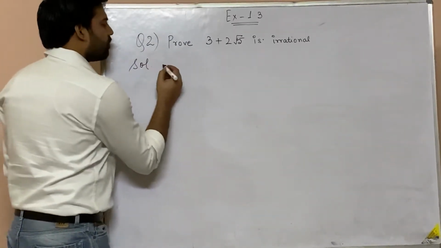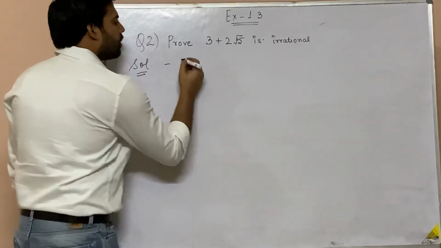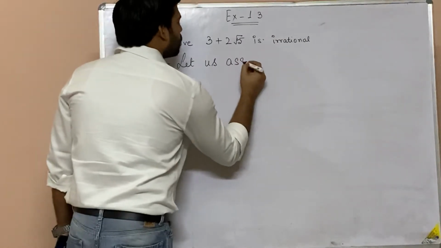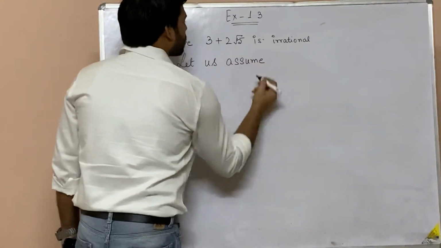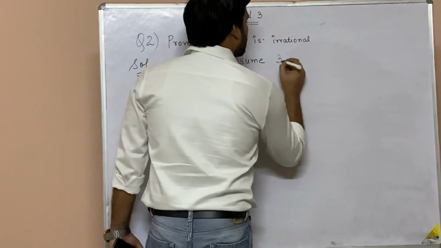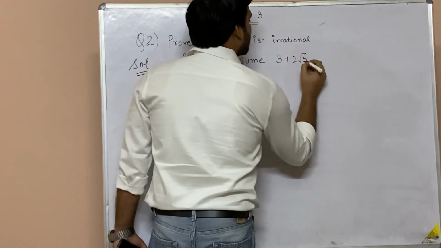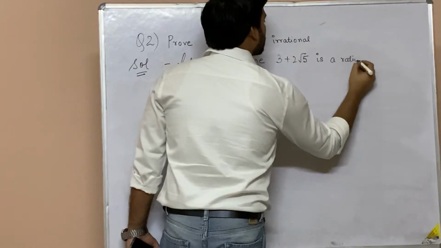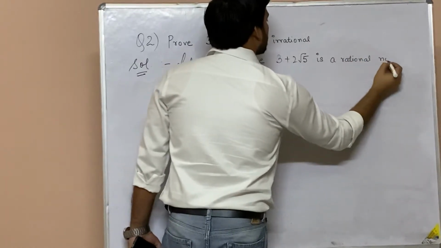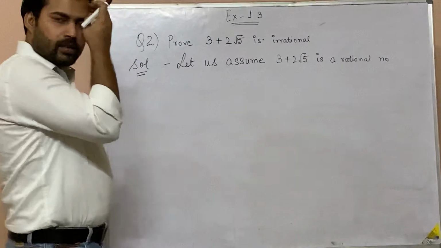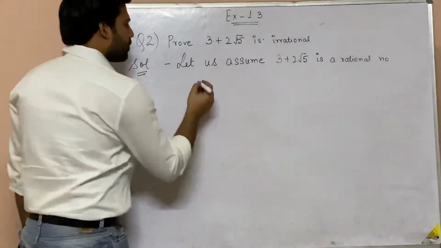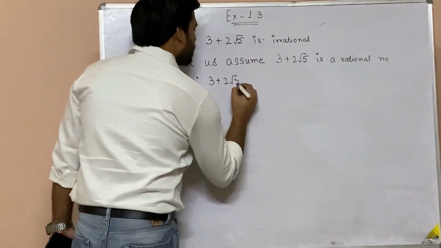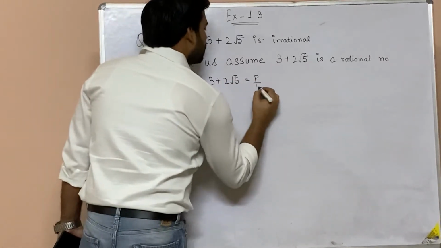The first line will again be, let us assume 3 plus 2 root 5 is a rational number. Clear? So based on this I can say that 3 plus 2 root 5 is equal to p upon q.